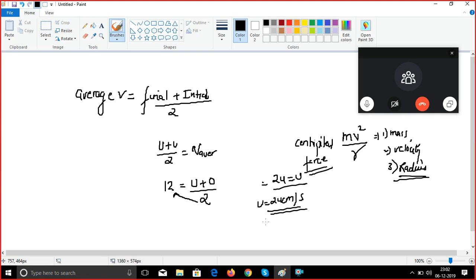The centripetal force will increase when the mass increases. Yes, that's correct. So force will increase when mass increases.